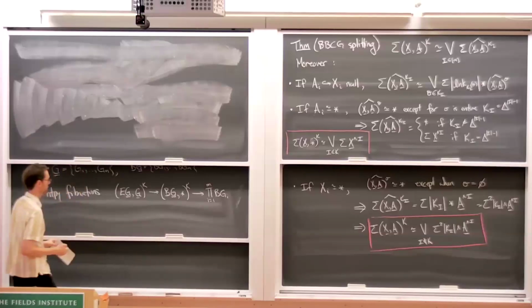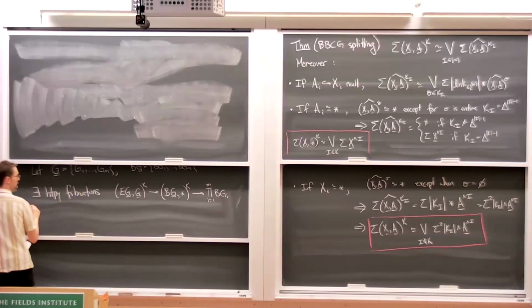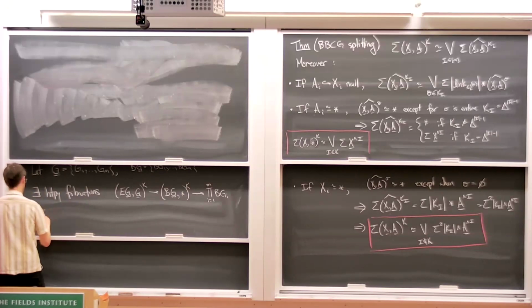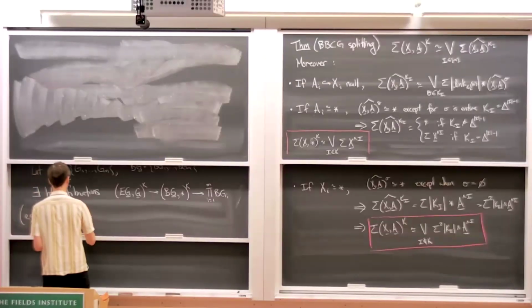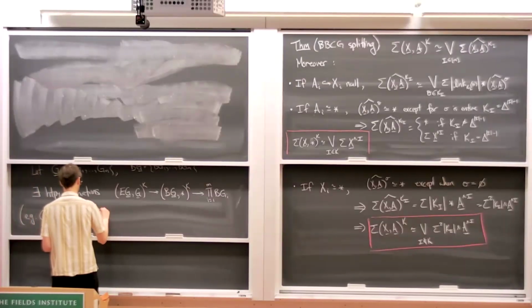So I'll move this up in a second so you can see it, but taking all of our G's to be S1 gives the fundamental fibration, as we called it.